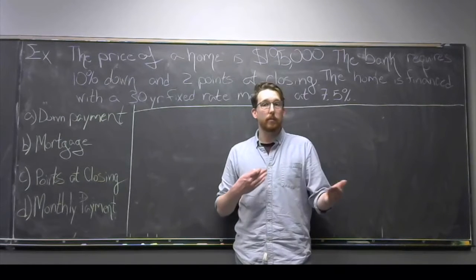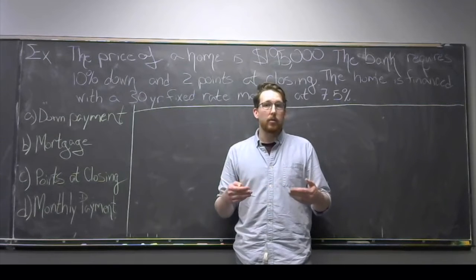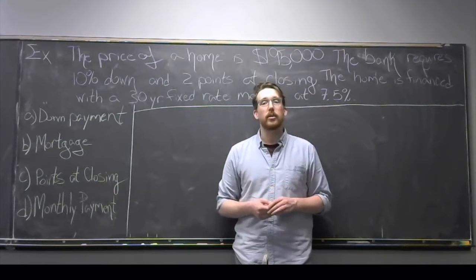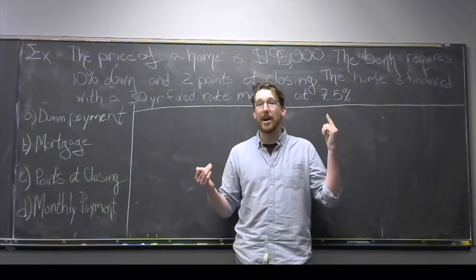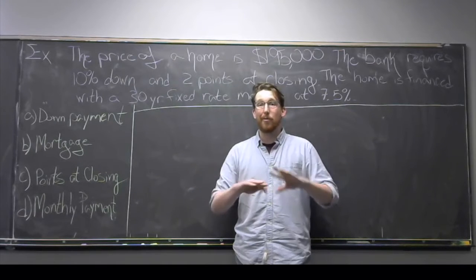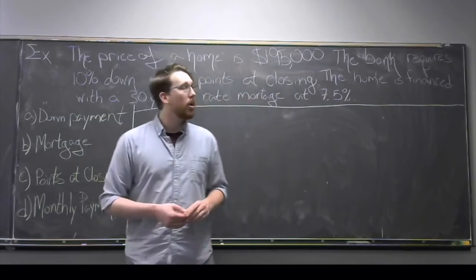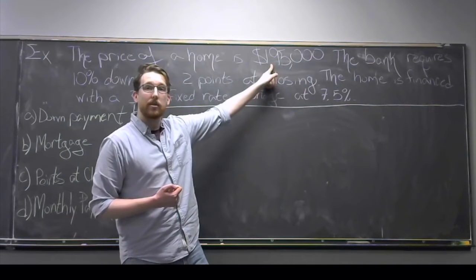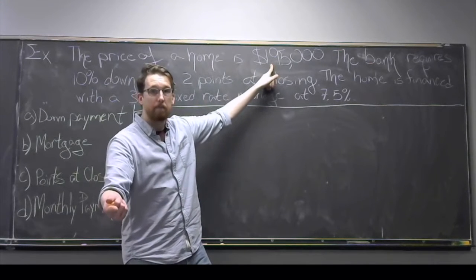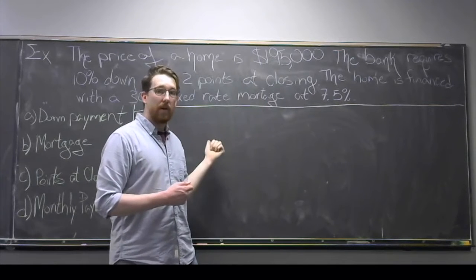And the bank wants us to put 10% down. What that's asking us to do is to pay off 10% of the original cost of the house before the loan ever even happens. So we're going to take off 10% of this cost because we're paying it up front. Then the loan will be against whatever is left over.